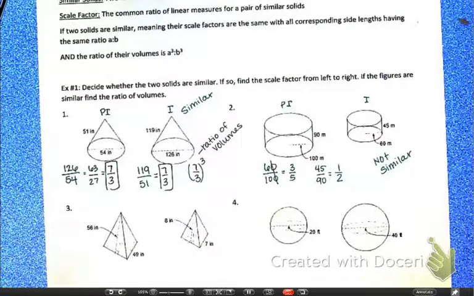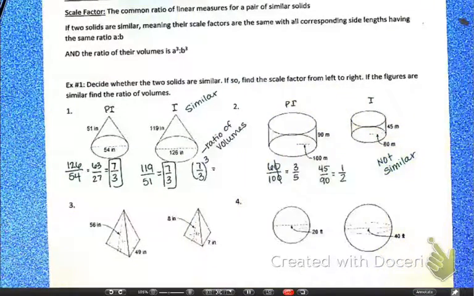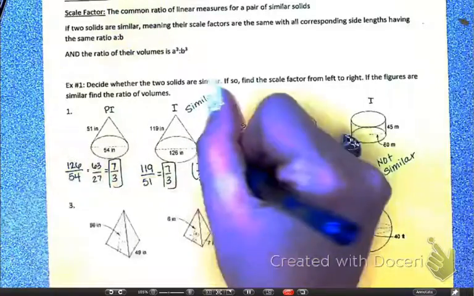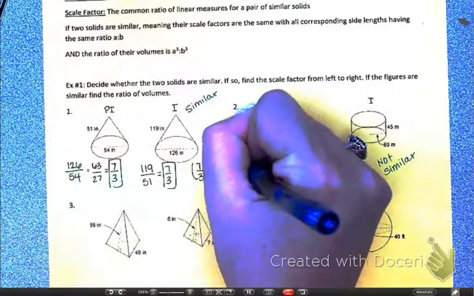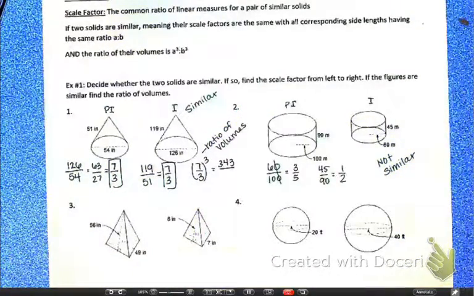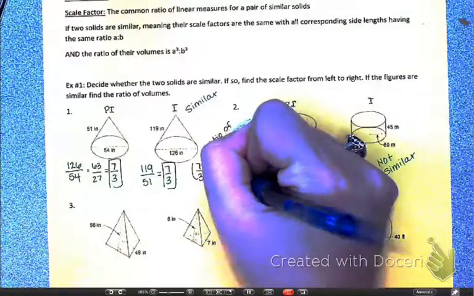So ratio of volumes, I'm going to take my scale factor and cube it. What is 7 cubed? What is 7 to the third? 343. What is 3 to the third? 27.